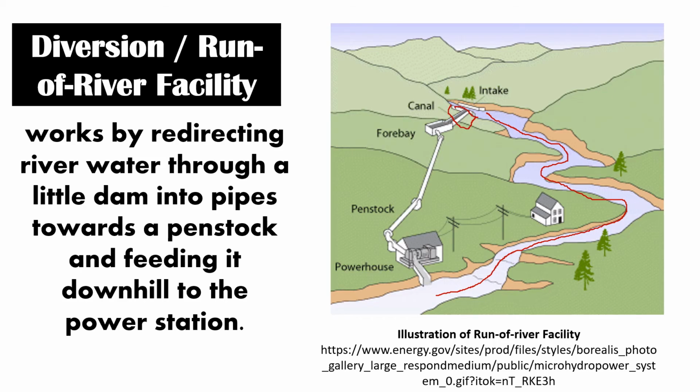So, maaaring nandito sa illustration na to, nandito yung facility that will collect water, that will divert water from the river going to this little dam. Tapos, yung water mula dito sa little dam na to, pupunta or magfo-flow through the penstock and through your powerhouse.